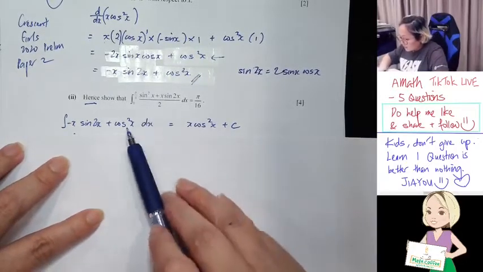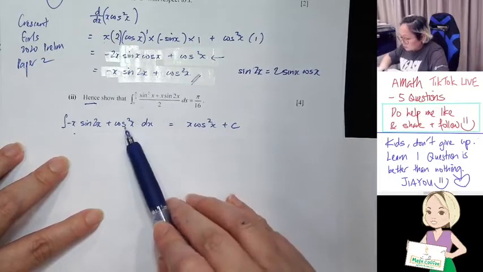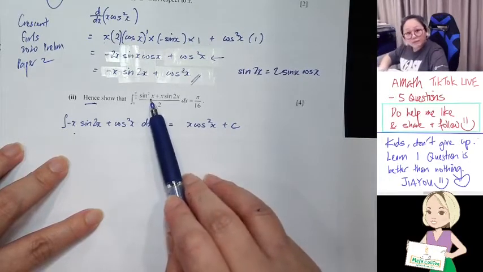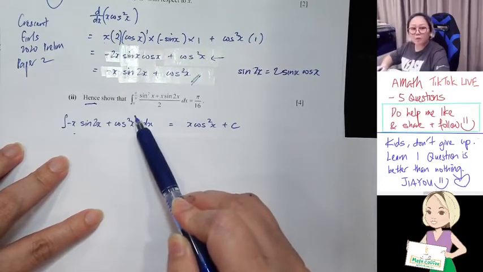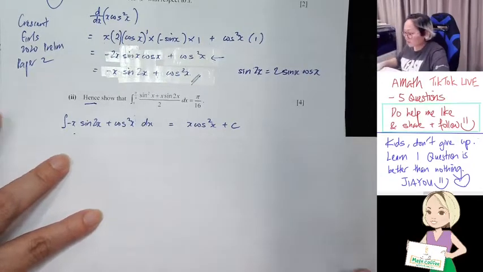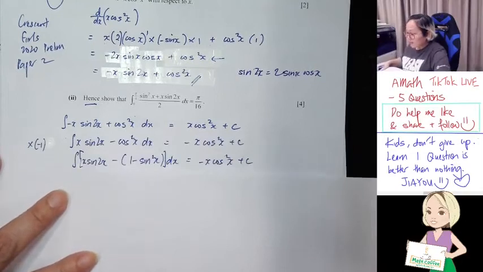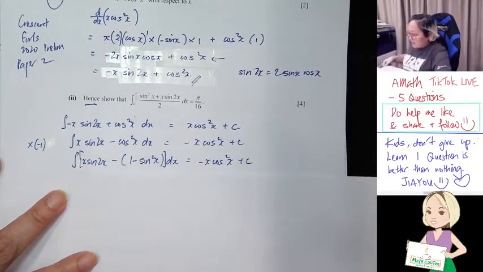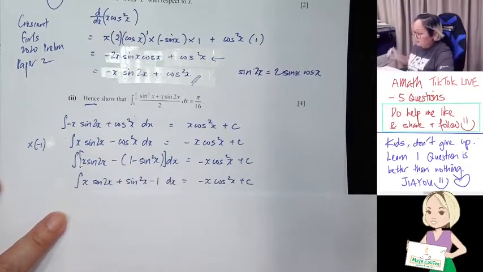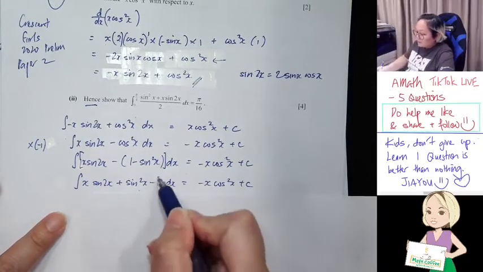Then I see, okay, this one is cosine, but this one is sine. Then I'm going to replace this using the identity: cosine square x becomes 1 minus sine square x. So, a bit long-winded here. Here, I'm going to change it to here, and then after that, it becomes sine square x. Then do you see that there's a minus 1 here?